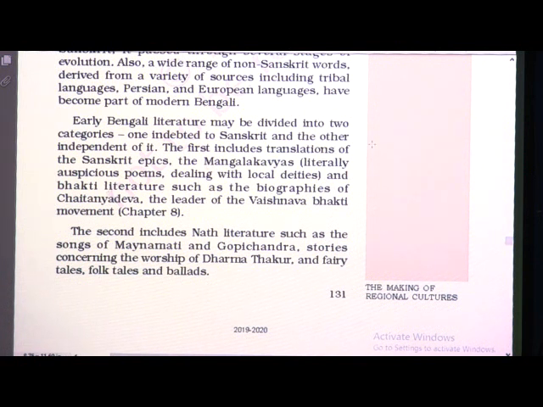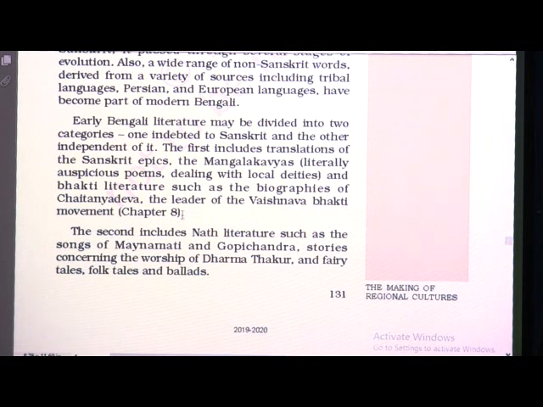The first includes translations of the Sanskrit epics, the Mangala Kavyas, literally auspicious poems dealing with local deities, and bhakti literature such as the biographies of Chaitanya Deva, the leader of the Vaishnava Bhakti movement.